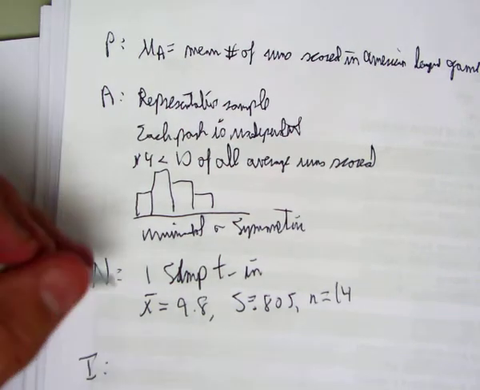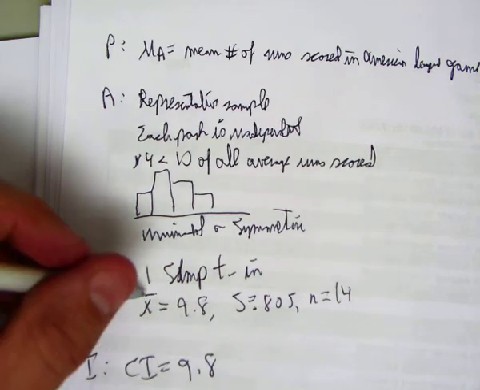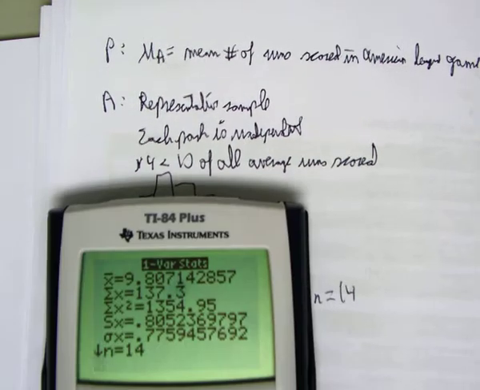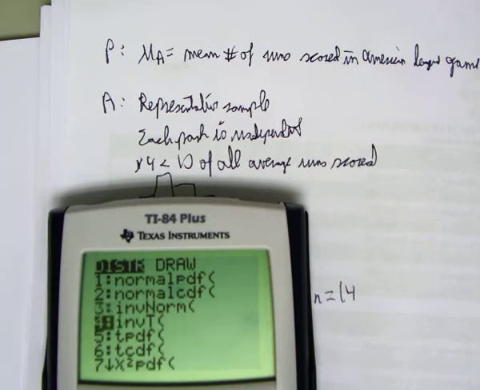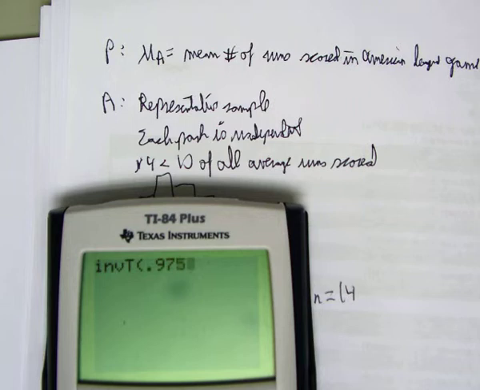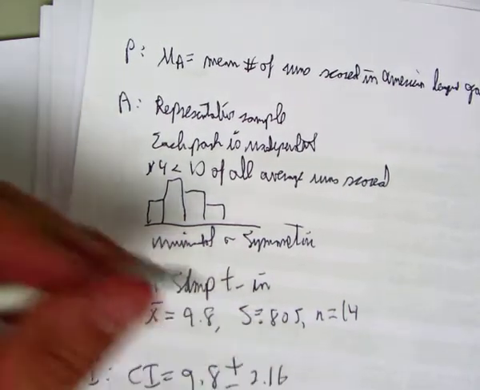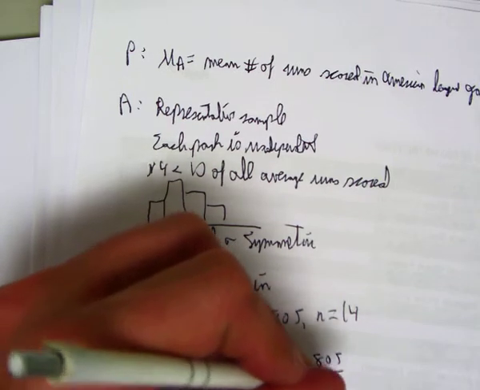The interval itself is going to be 9.8. In this case, we got a t with 13 degrees of freedom for a 95% confidence interval. So we're going to do inverse t of 0.975 with 13 degrees of freedom. And that is going to be plus or minus 2.16 times s, 0.805 over the square root of 14.